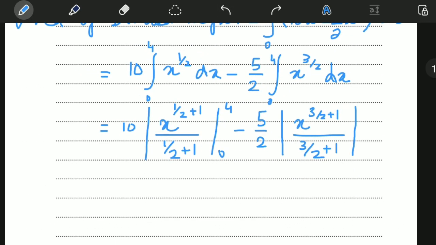Okay, now simplifying this from the limit 0 to 4.